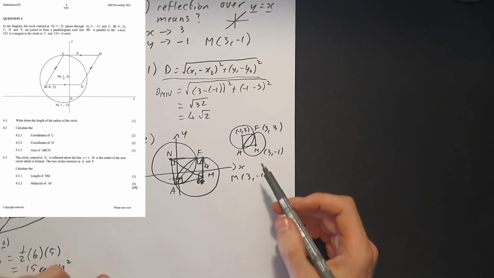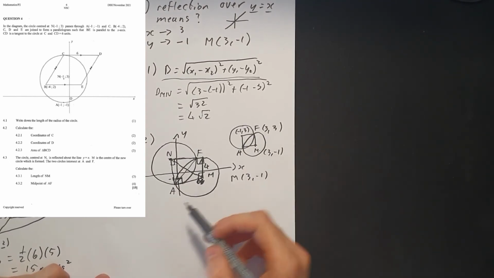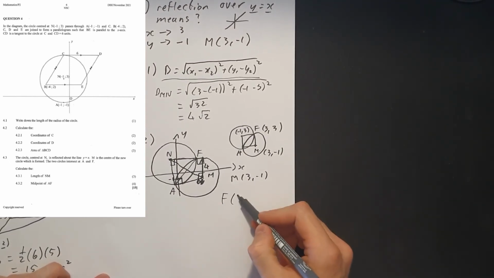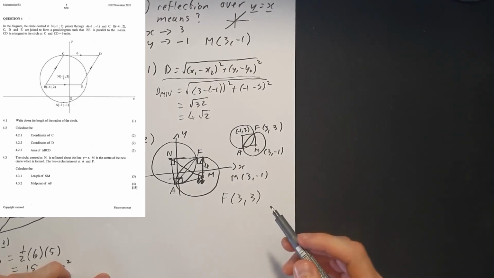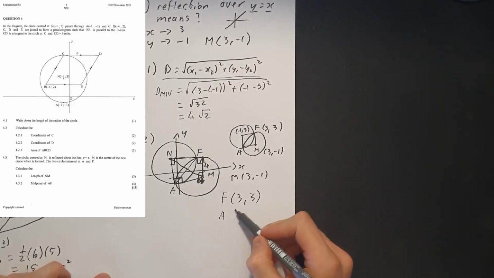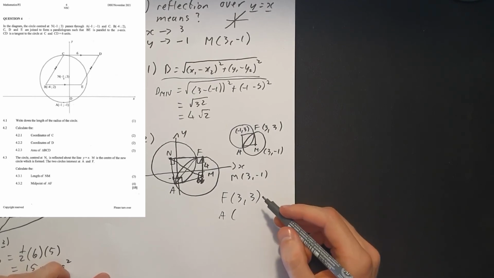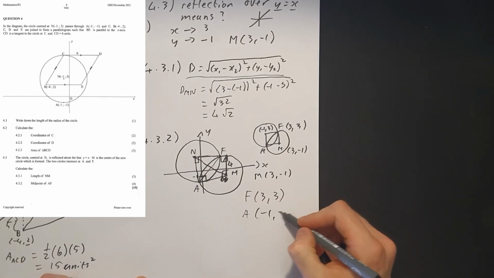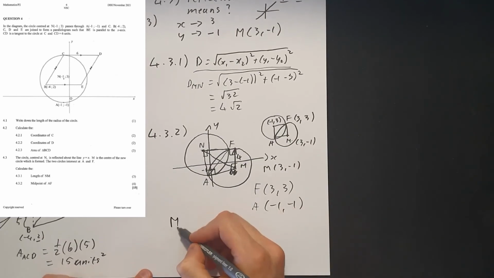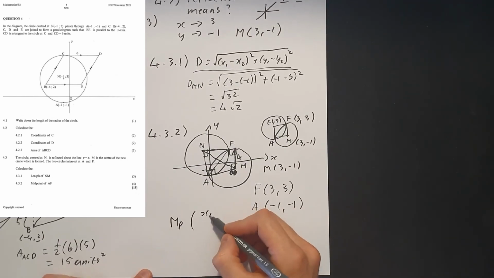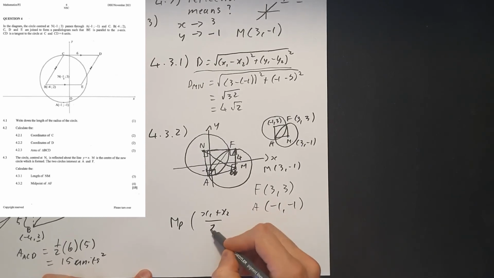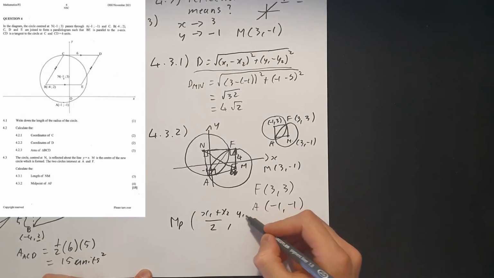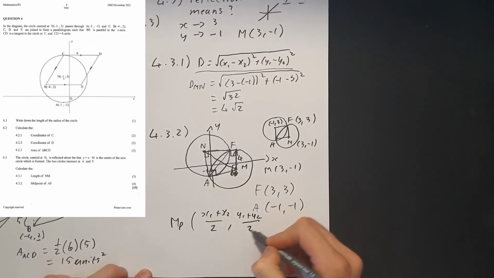So now if you want to find the midpoint of F and A, we have the two coordinates. F is going to be 3 and 3, and then A is going to be given as, what was A given as? -1 and -1. So now just to find the midpoint, we'll have (x1 plus x2) divided by 2, and then we'll have (y1 plus y2) divided by 2.